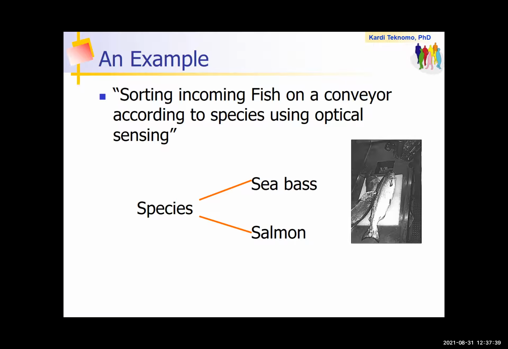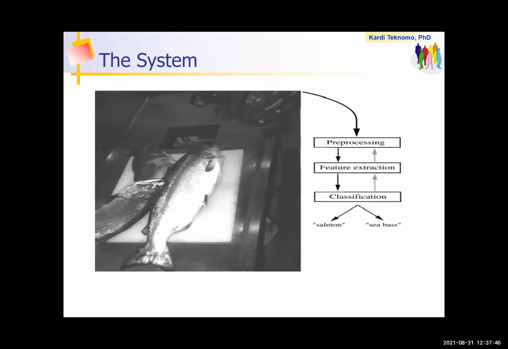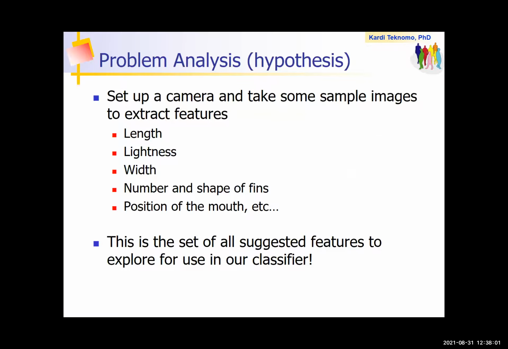So this automation is very important. It is the same thing that we used a while ago: you do pre-processing and feature extraction, and then pattern recognition or classification. When you set up the camera and take a sample image, you need to extract the features.